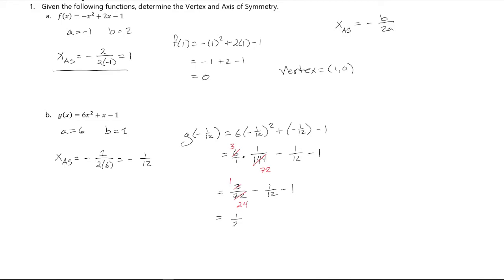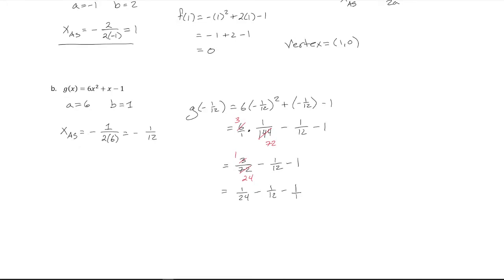So I have 1 over 24 minus 1/12 minus 1 over 1, right? Writing the 1 as a fraction. We want to get common denominators, so I'll multiply by 2 top and bottom on the 1/12, and I will multiply by 24 top and bottom on the 1 over 1, so that everything has a denominator of 24.